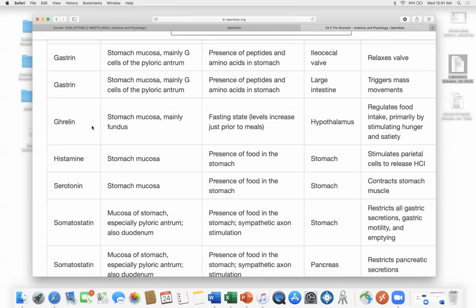And then you see the dessert tray. Now you know you already ate more than enough, but why do you think you can eat more? It's because ghrelin, gastrin, and all these hormones have to travel through your blood to get to your brain to tell your brain, hey, stop eating.